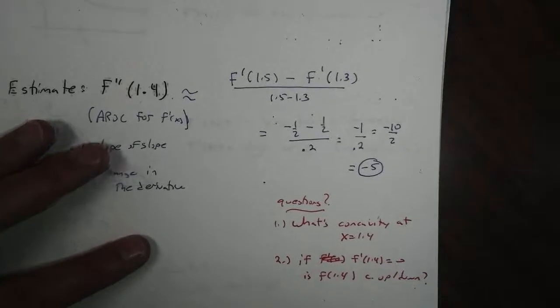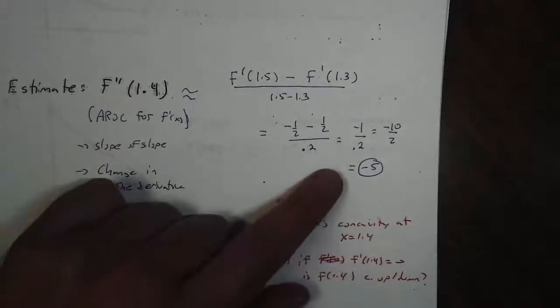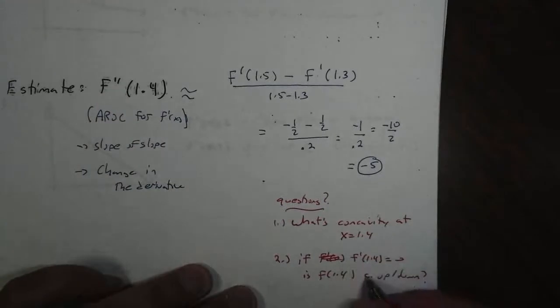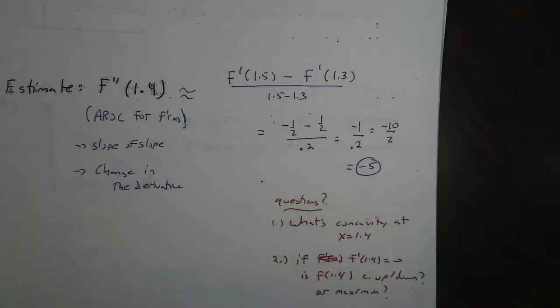Other type of questions I could ask. What if the first derivative at 1.4 was 0, is this a maximum, or is it a minimum value? So other questions we could ask.